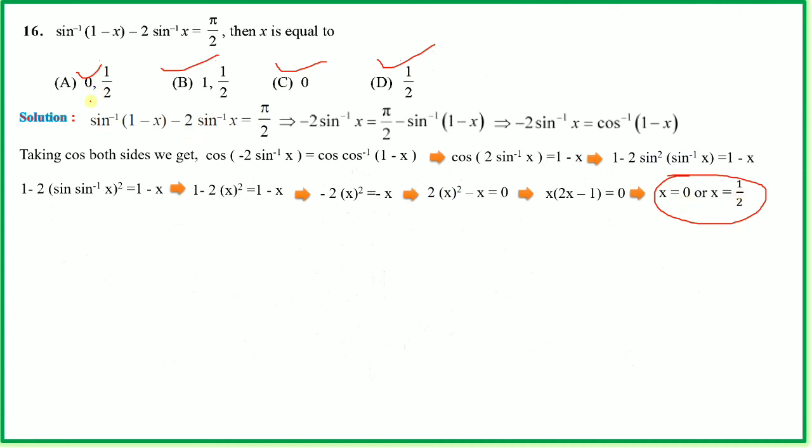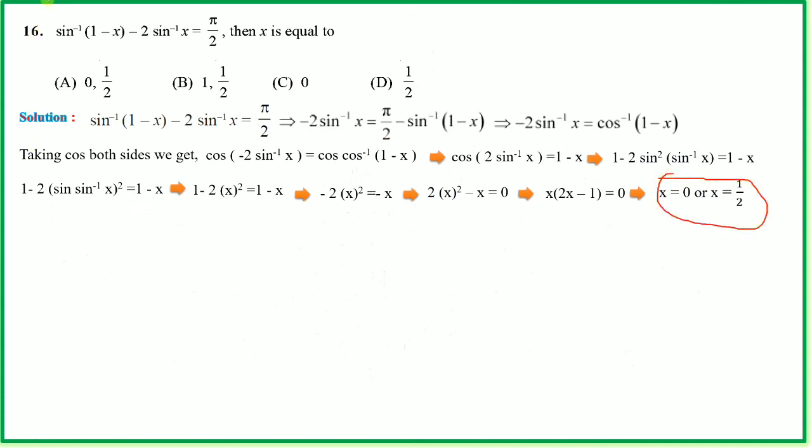It is written here that 0 and 1 by 2 may be true, or x is equal to 0 only can be taken, or x is equal to 1 by 2 may also be true. So we are very close to the answer with these three options, and they look very much associated. So for that we need to check.